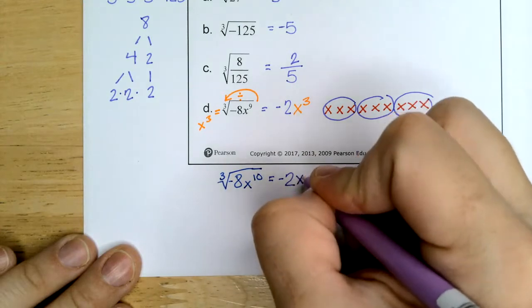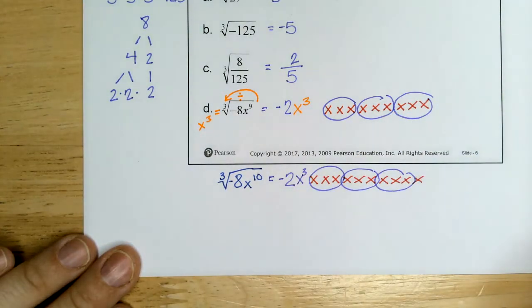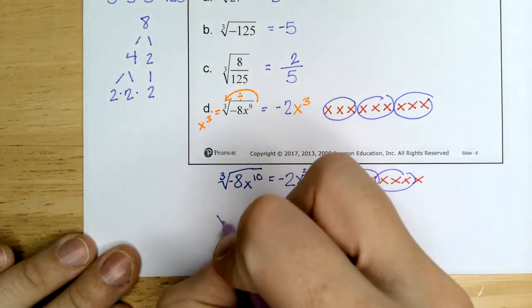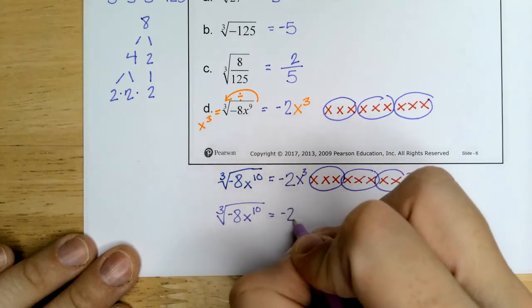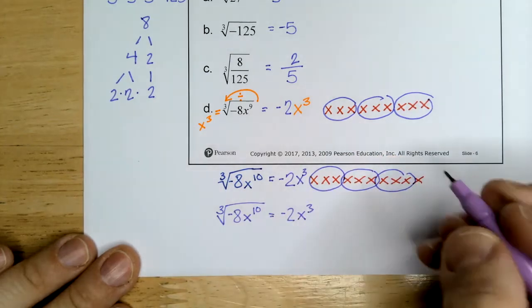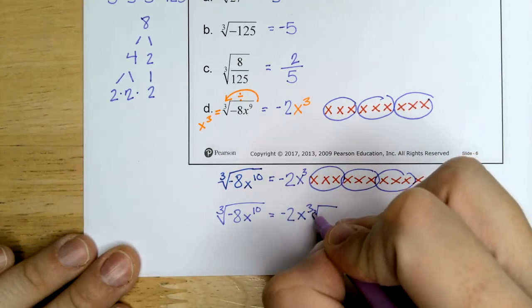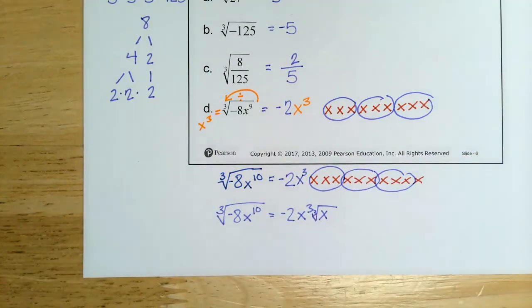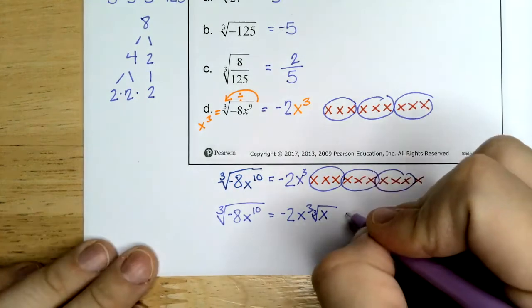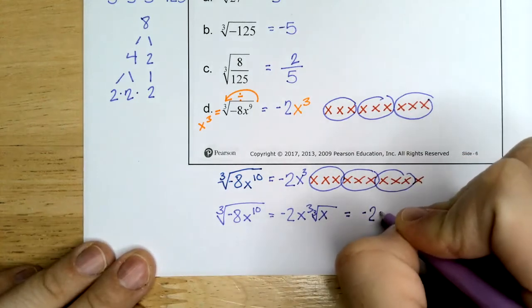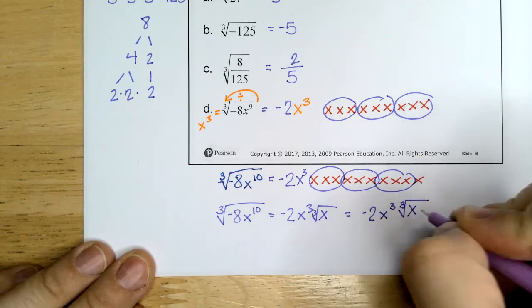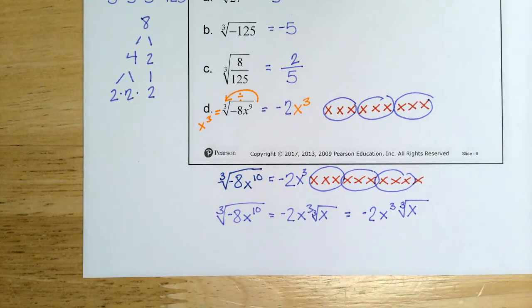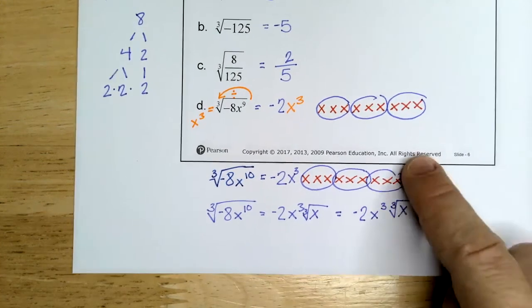So I still have 3 groups of 3. Cube root of negative 8x to the 10th is negative 2x to the 3rd, and I leave that final x under the cube root. Negative 2x to the 3rd times the cube root of x. So you can leave things under the radical if they don't come in groups of 3.